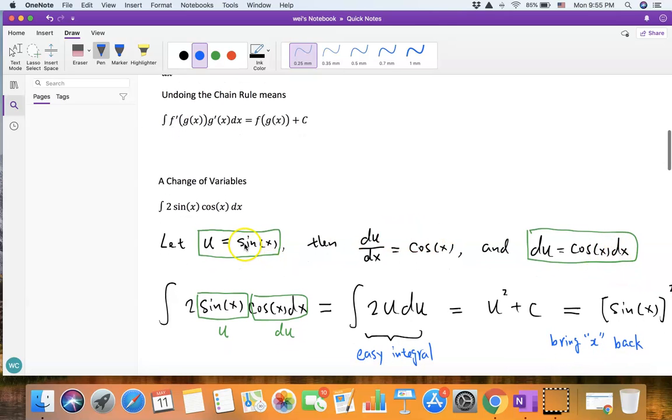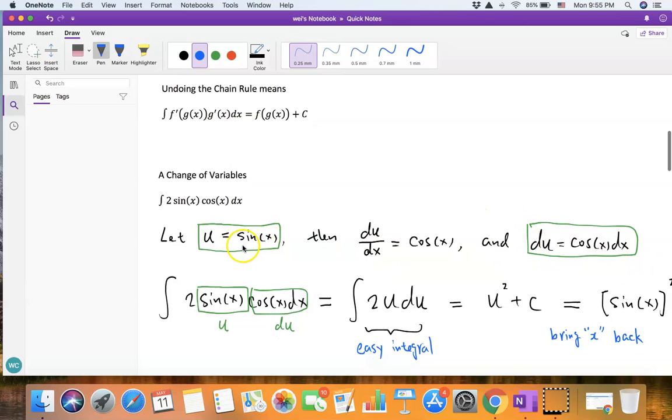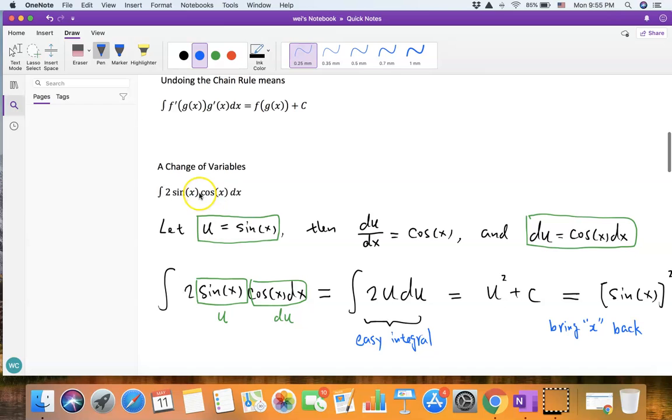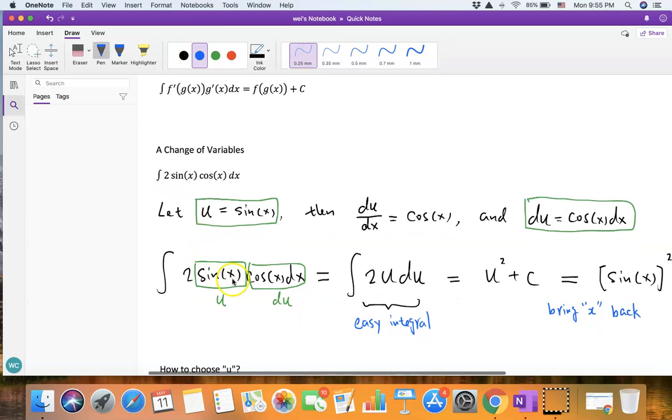Now you see I marked these two terms because in the original integral, the function sine x is replaced by u, and the other term, cosine x dx, these two terms together are replaced by du.